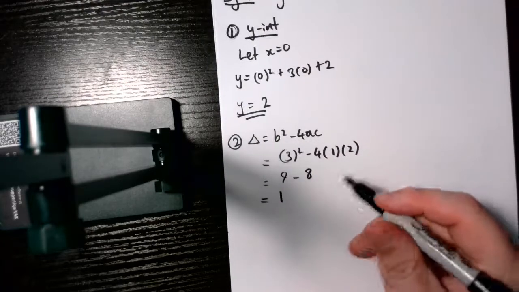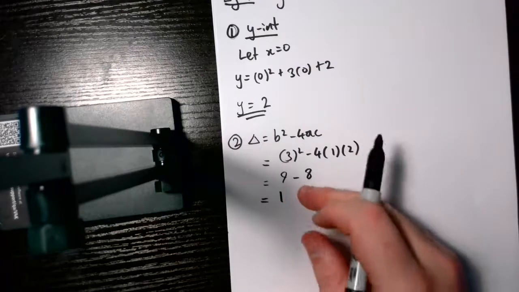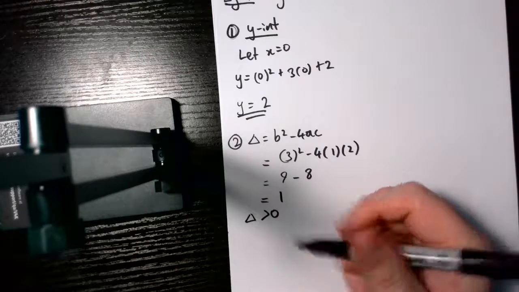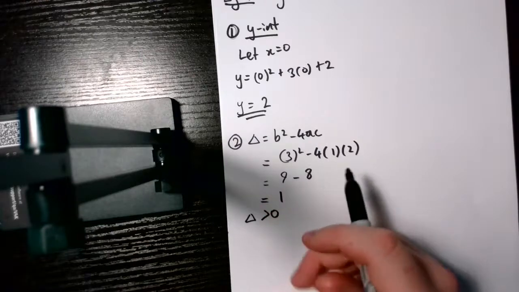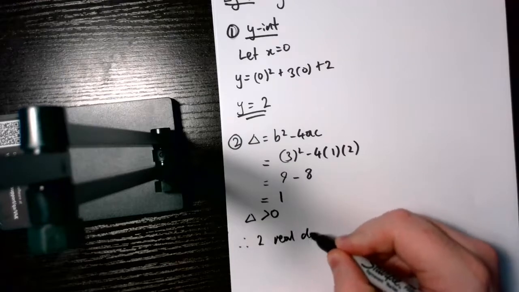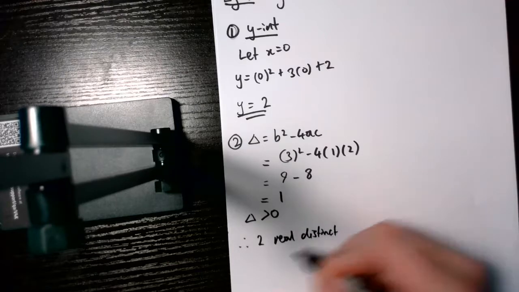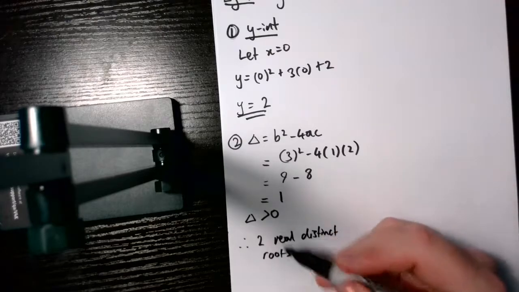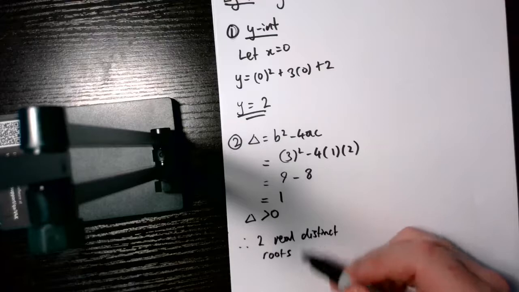You'll notice our discriminant in this case is a positive number, so it is greater than 0. What does this tell us? That tells us that there are 2 real distinct roots on our parabola, so we can expect 2 x-intercepts.